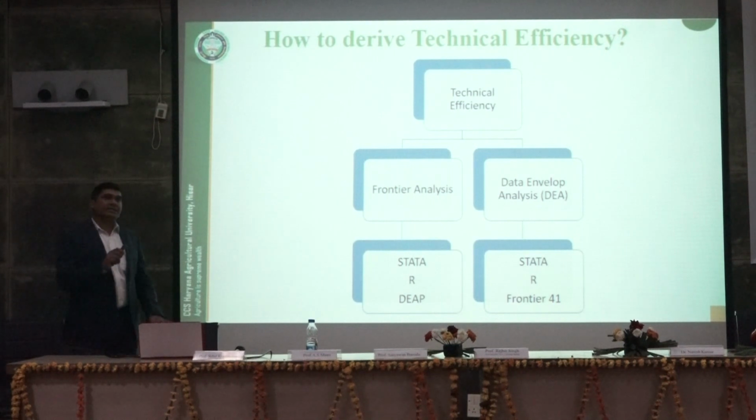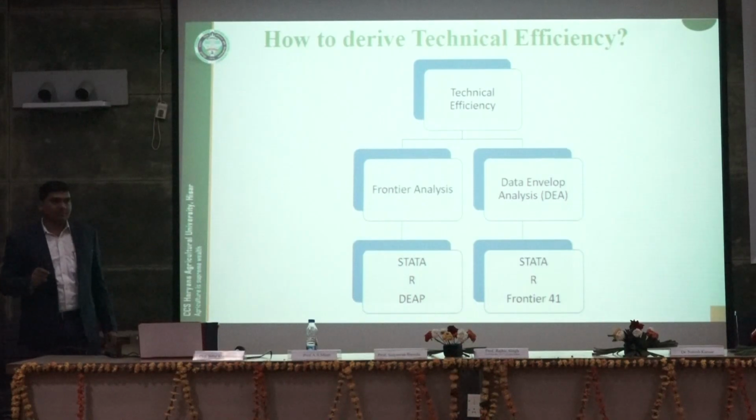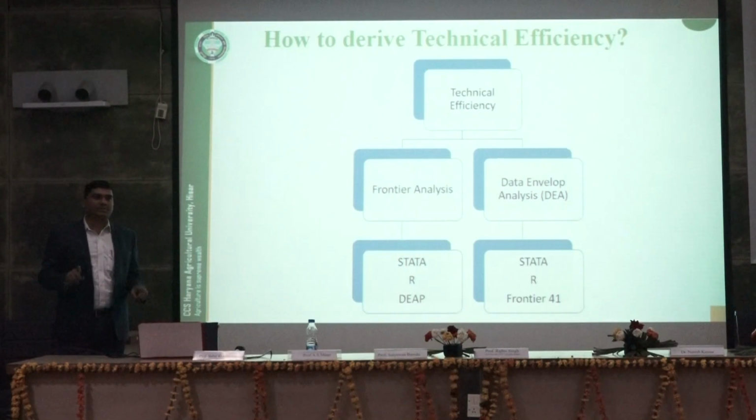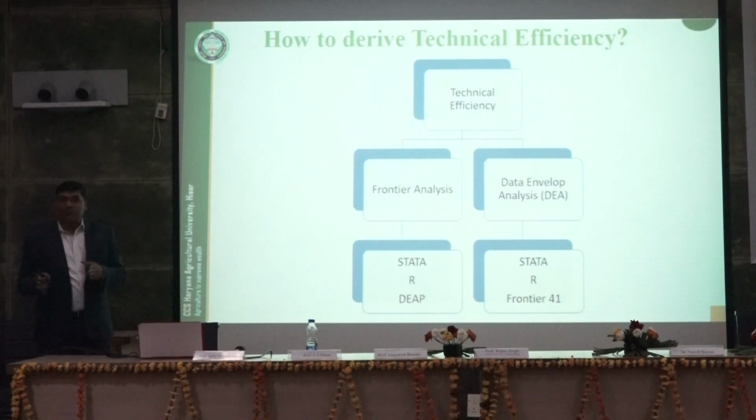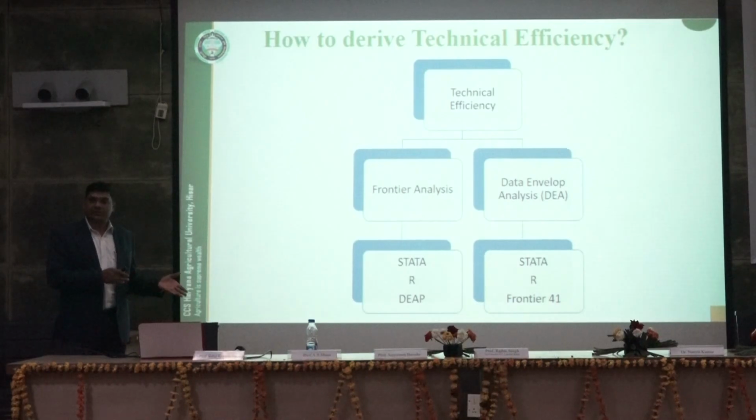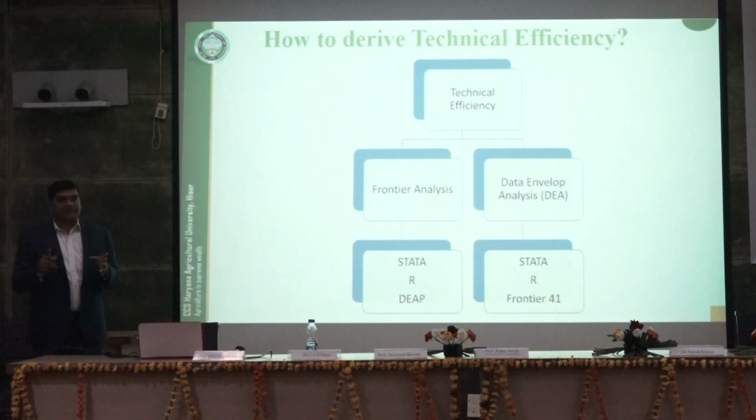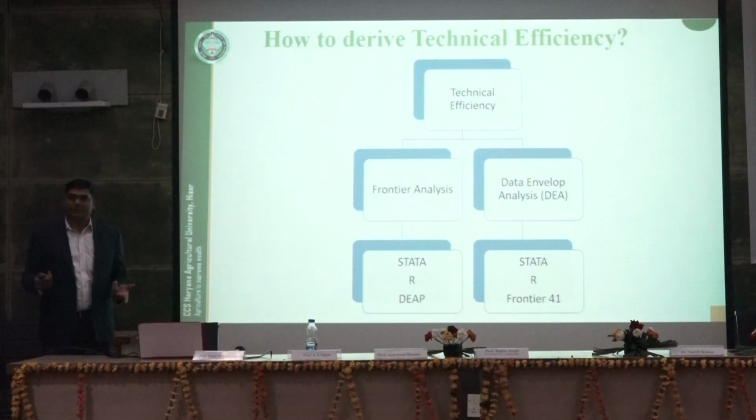So we have to check the residuals. Residuals means error terms. You have to check the distribution of error terms. If your error term is normally distributed, then you have to use a normal distribution. If your residuals are, for example, of exponential type, then you have to use the exponential distribution.